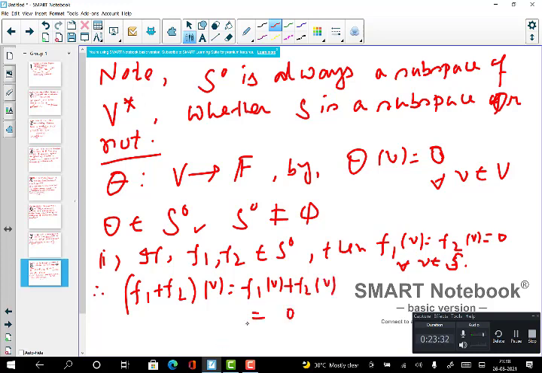Similarly you can multiply by a constant c, giving c times f(v).